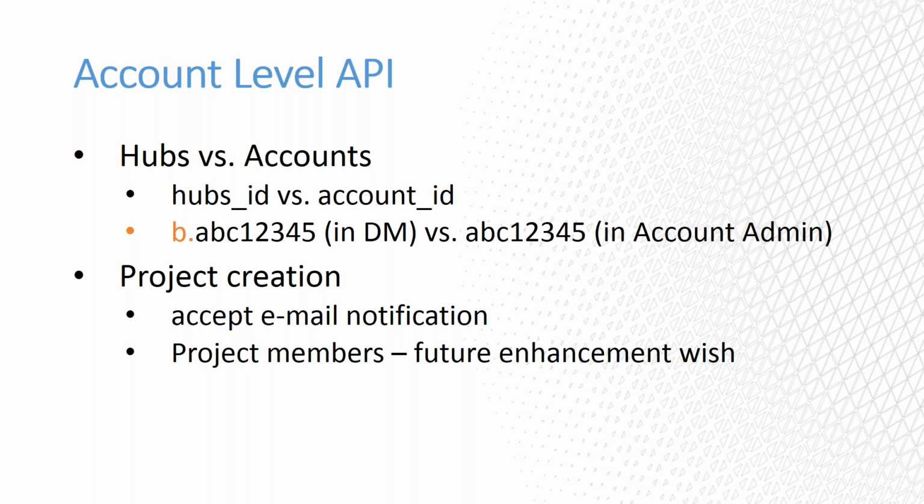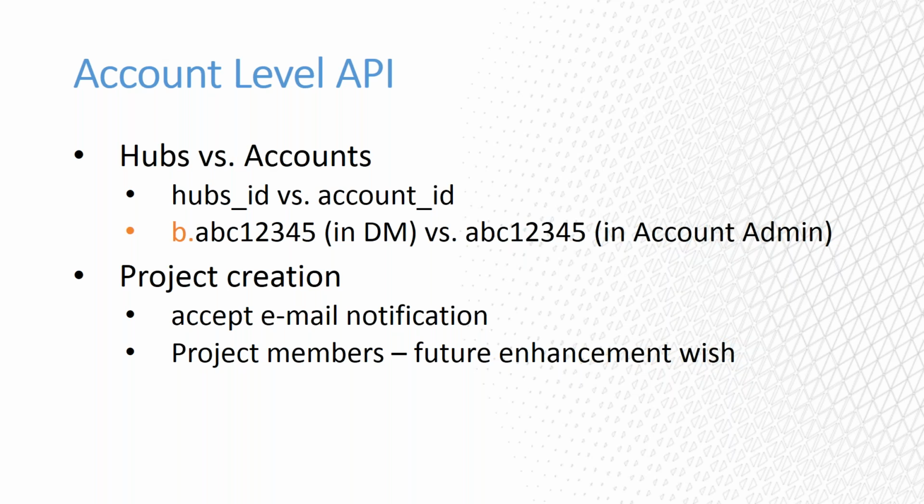That said, there are some additional things you'll probably be happier knowing upfront. If you are using the Data Management API, the ID will have b. blah blah blah. If you are using A360, it actually has a. blah blah blah.